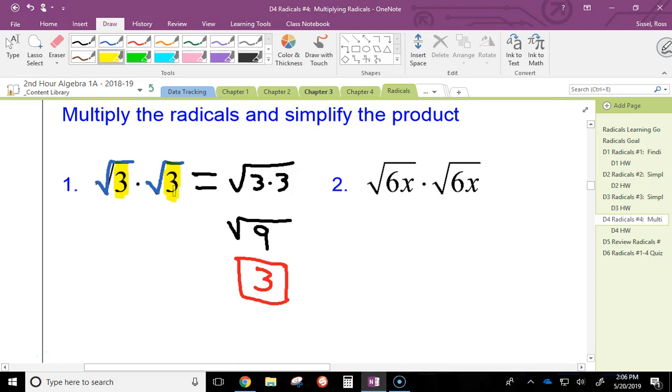When I do that, the square root sign goes away, because this could technically be written as the square root of 3 squared. And when we have a square and a square root, they eliminate each other, and I only have the number that was being square rooted left.